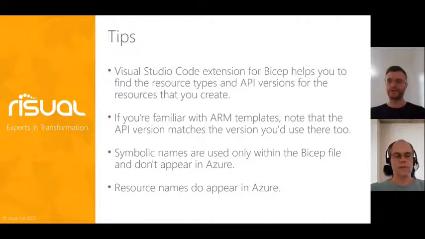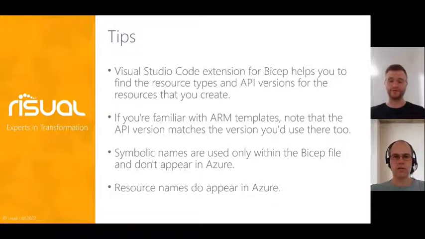Let's just have a quick recap on what we've gone through so far. Here are some tips for defining resources in Bicep. The Visual Studio Code extension for Bicep helps you to find the resource types and API versions for the resources that you create.